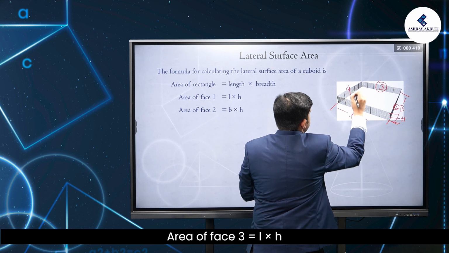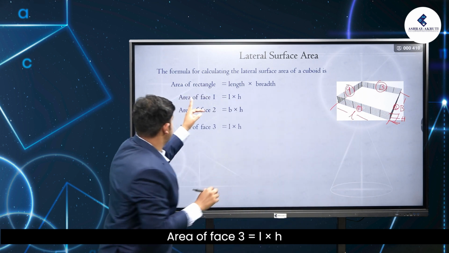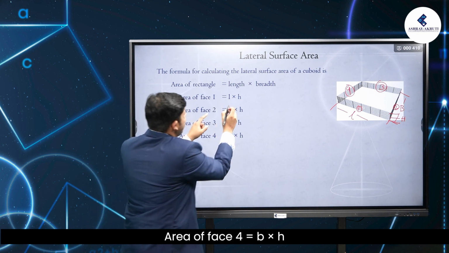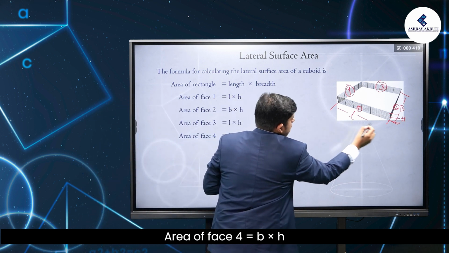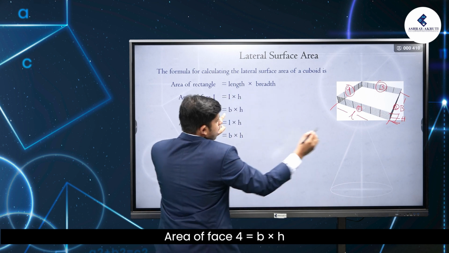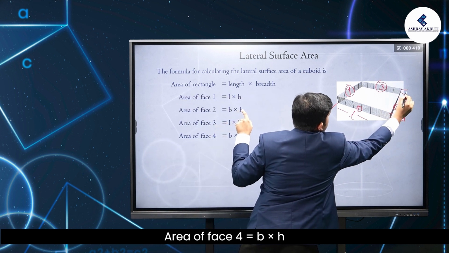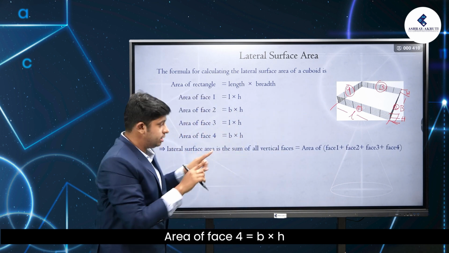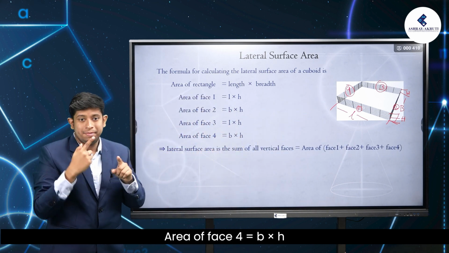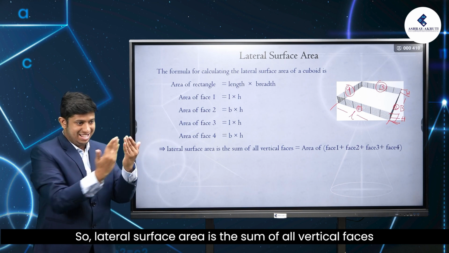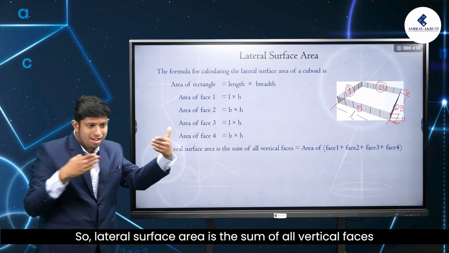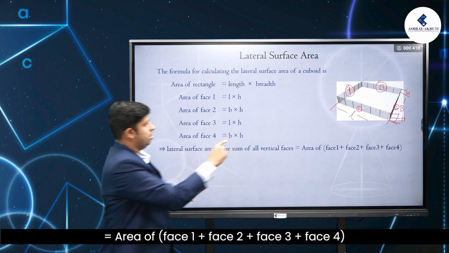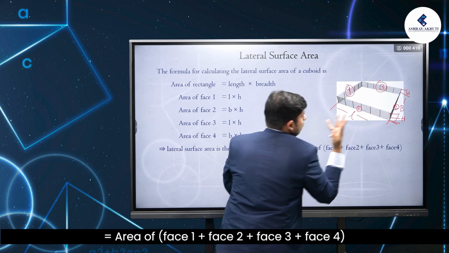Area of face 3 is equal to length into height. Area of face 4 is equal to breadth into height. So, lateral surface area is the sum of all vertical faces, that is equal to area of face 1 plus face 2 plus face 3 plus face 4.